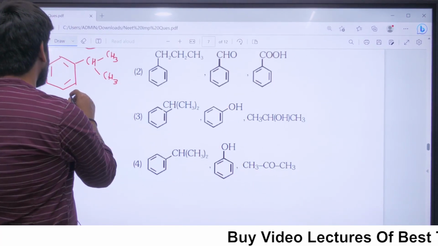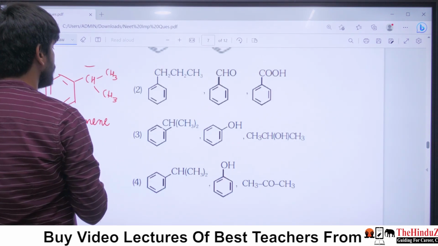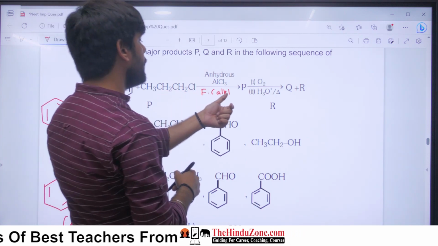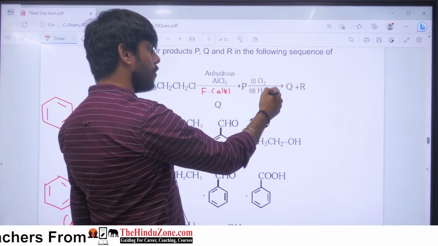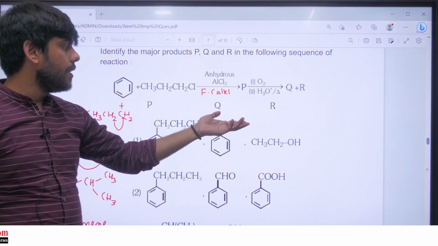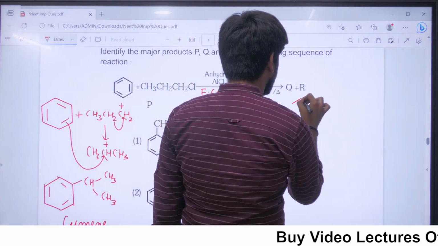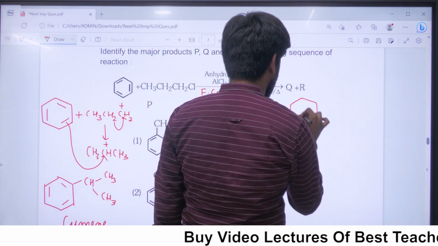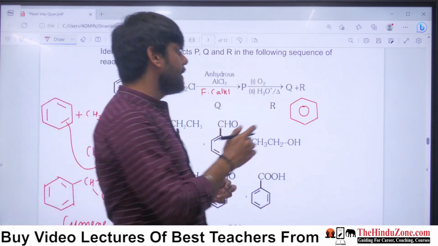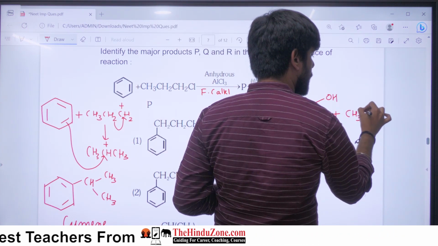This isopropyl benzene is also called cumene. Now isopropyl benzene upon aerial oxidation followed by acidic hydrolysis gives phenol, and you know that this is the commercial production of phenol. Cumene hydroperoxide is the intermediate, which upon hydrolysis gives you phenol and acetone, and we get acetone in fair amount.